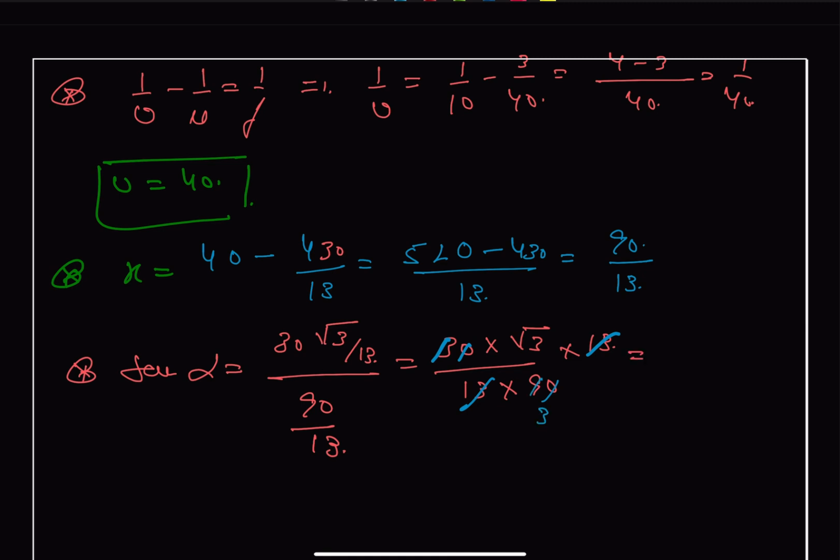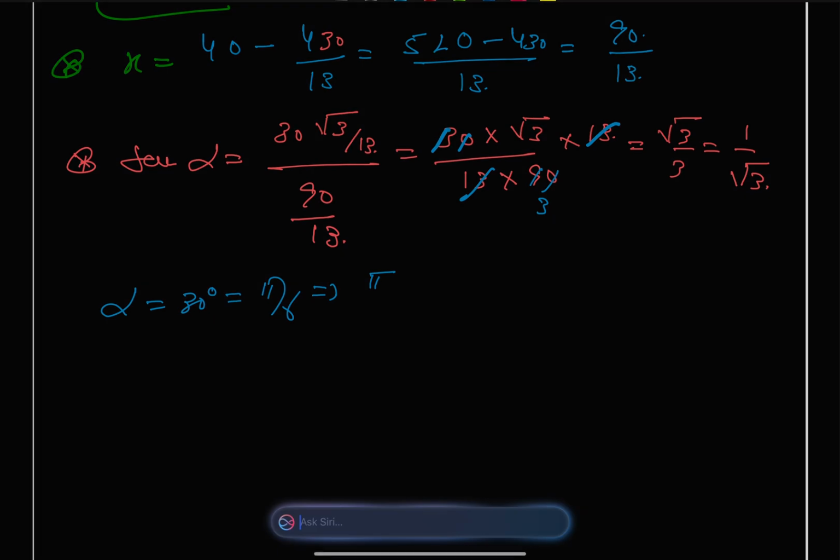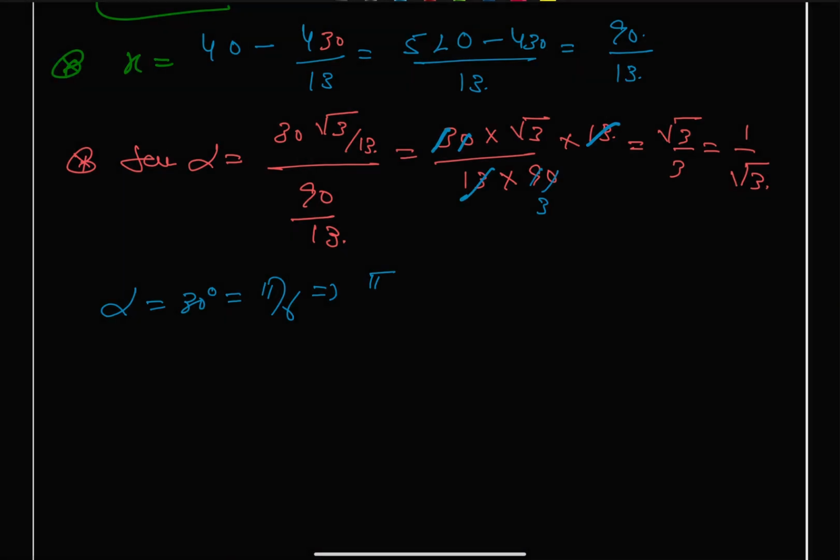This is root 3 by 3, and we can write this as 1 upon square root of 3. Therefore, we can say that alpha is equal to 30 degree, which is about pi by 6. And we are given this as about pi upon n is equal to pi upon 6, giving us that value of n is equal to 6.